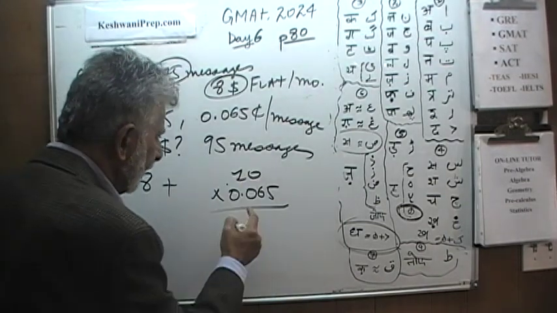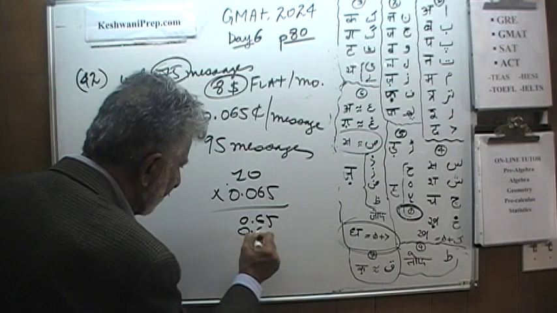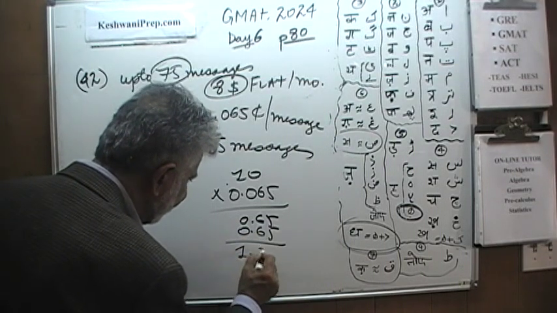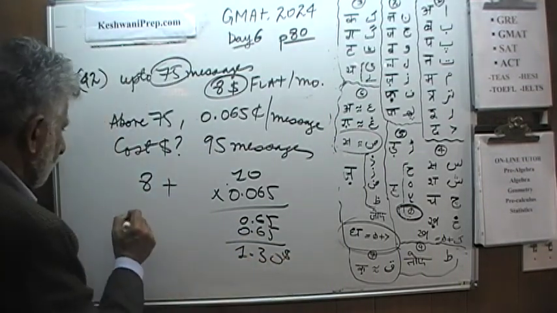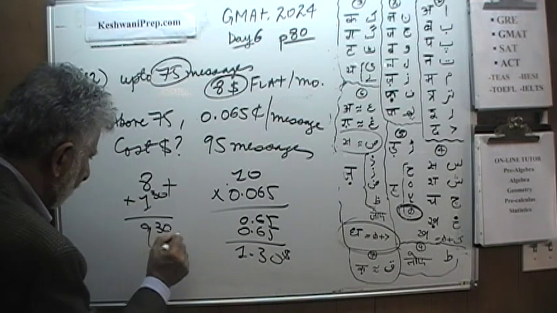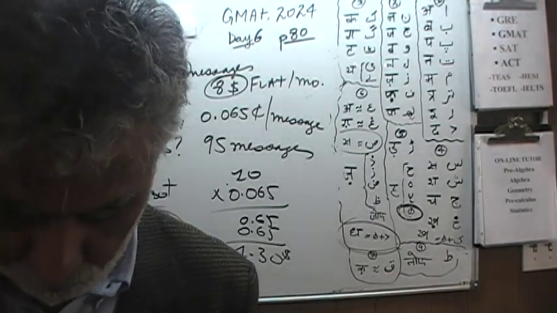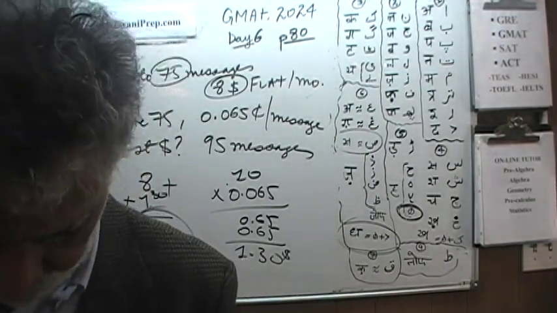If you multiply by 10, 0.065 becomes 0.65, and then add another 0.65, that's $1.30. So plus $1.30, we're going to end up paying a total of $9.30. That's our cost. That's going to be our bill because we sent 95 text messages.